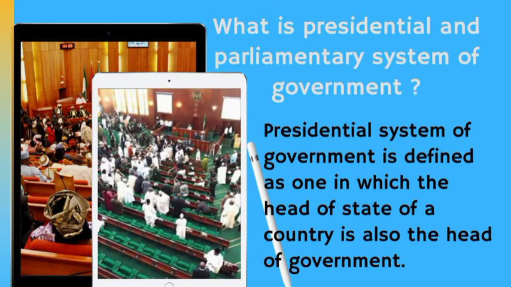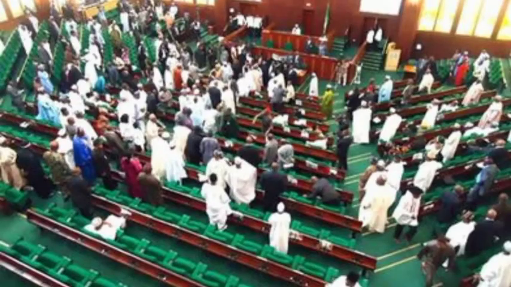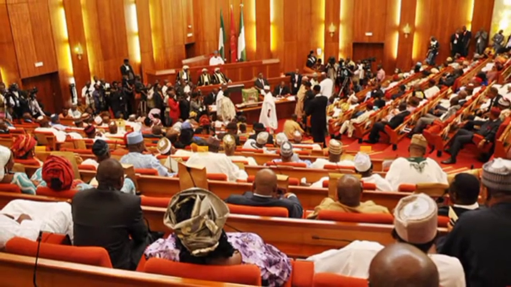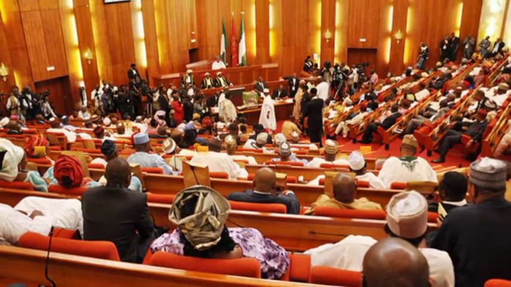Presidential system of government is defined as one in which the head of state of a country is also the head of government. While parliamentary system of government, on the other hand, is a system of government in which the head of state is distinct or separated from the head of government.